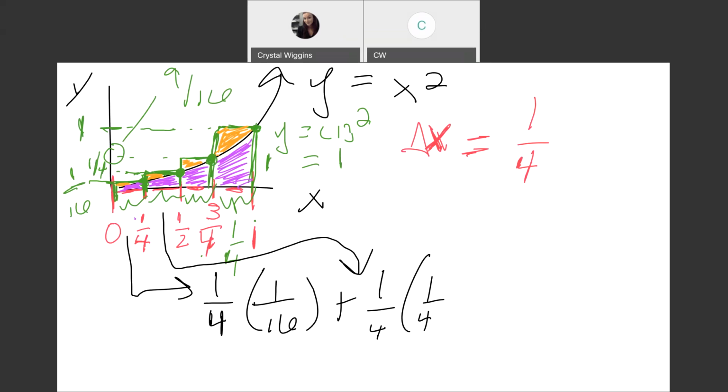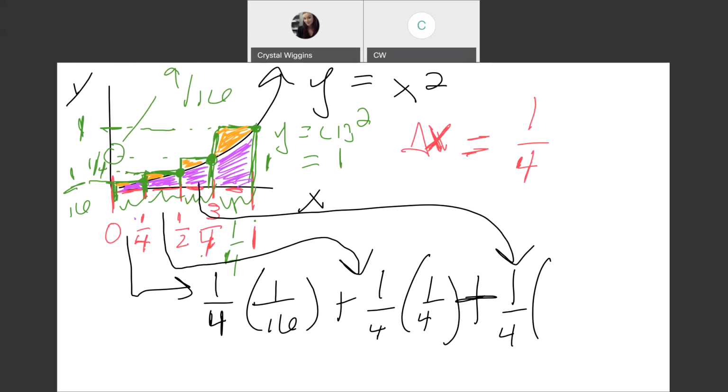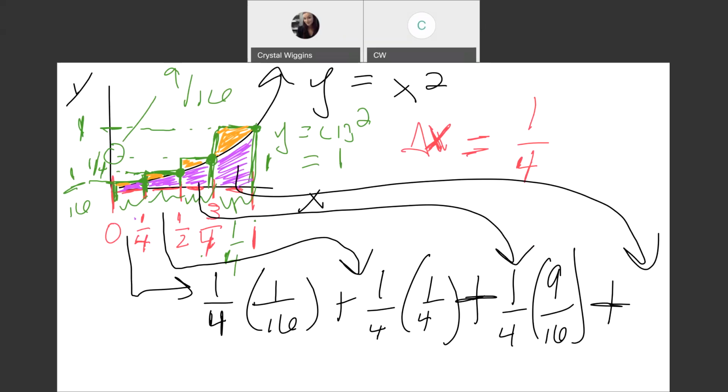So length times width for the second rectangle. Plus my third rectangle has a width of a quarter and a height of 9/16. Plus my fourth and final rectangle has a width of a quarter and a height of 1.